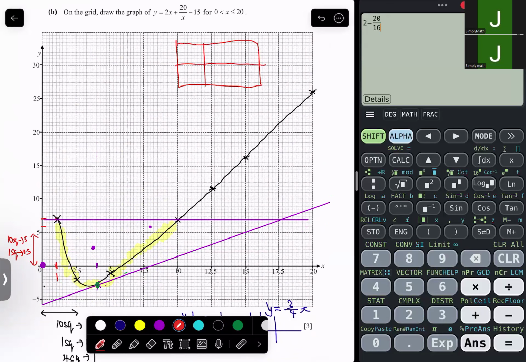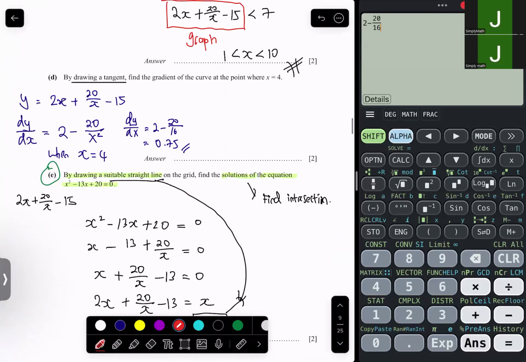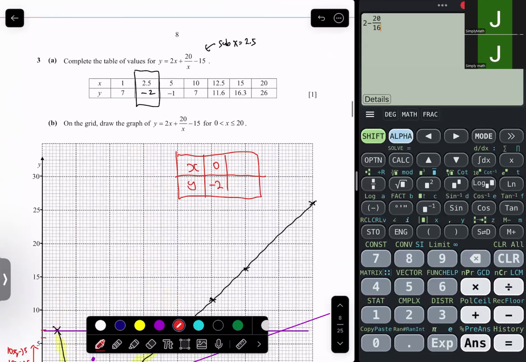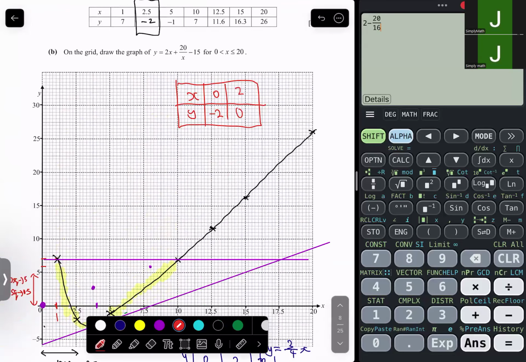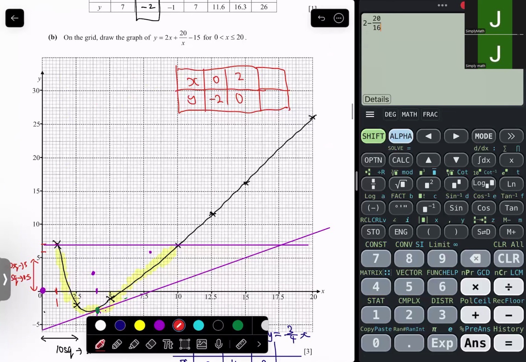So x, y. When x is 0, y is negative 2. When x is 2, y will be 0. Then another point can be any other point. So x equals, let's say, 10. Then y equals 10 minus 2, which is 8.